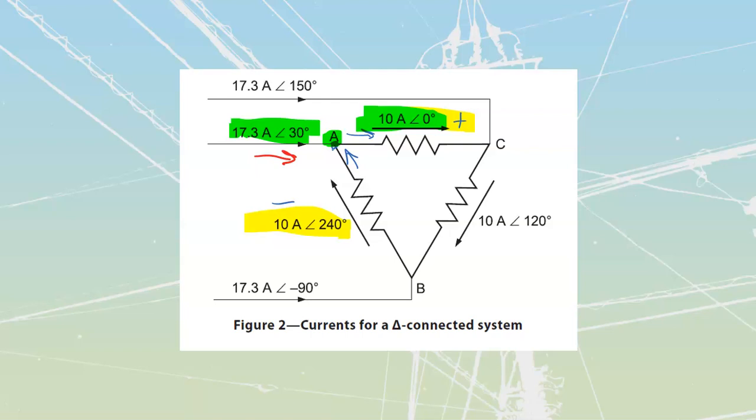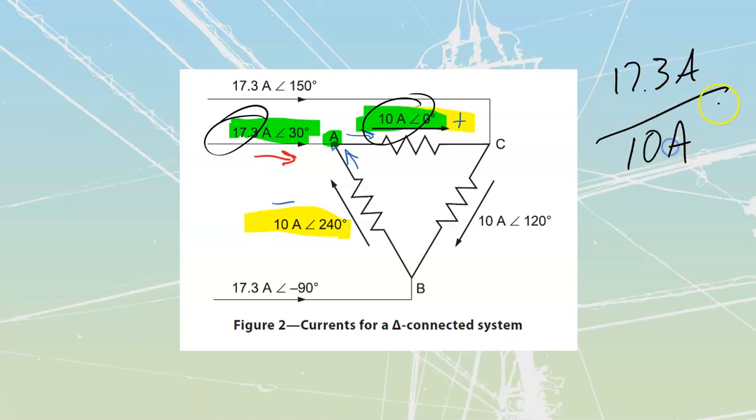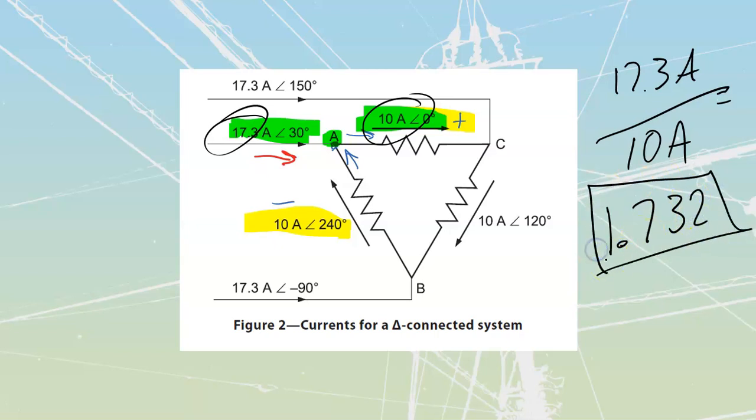There's also going to be a relationship between this line value of current, 17.3, and this phase value of current over here. If I take 17.3 amps and divide it by 10 amps, I can find out what that relationship is, and that relationship is equal to 1.732, which should be a familiar number to you by now.